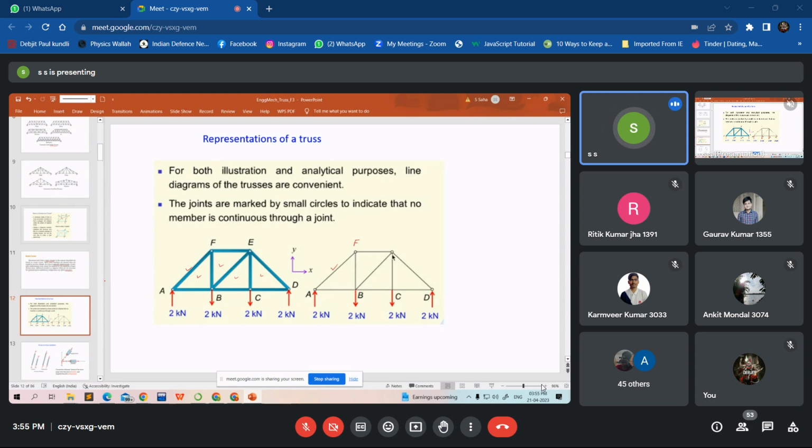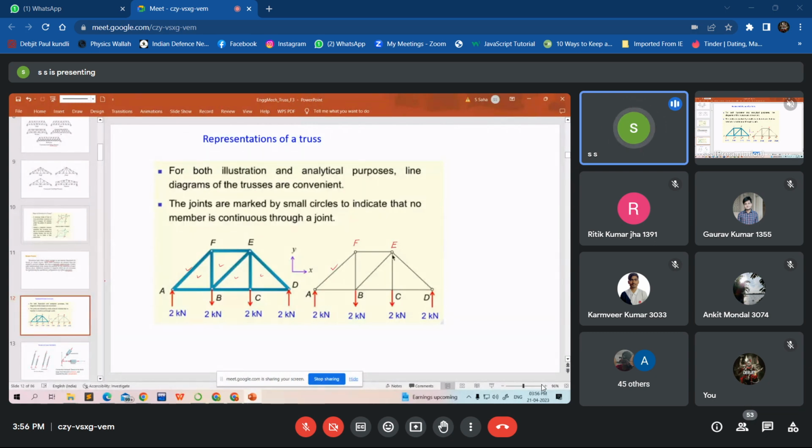So F is a joint, A is a joint. Similarly for other elements, this will be E. You have to number the nodes, that is joints, A, B, C, D, E, F. So these are the nodes, and the structural members are AF, FE, BF, BE, CE, and CD.